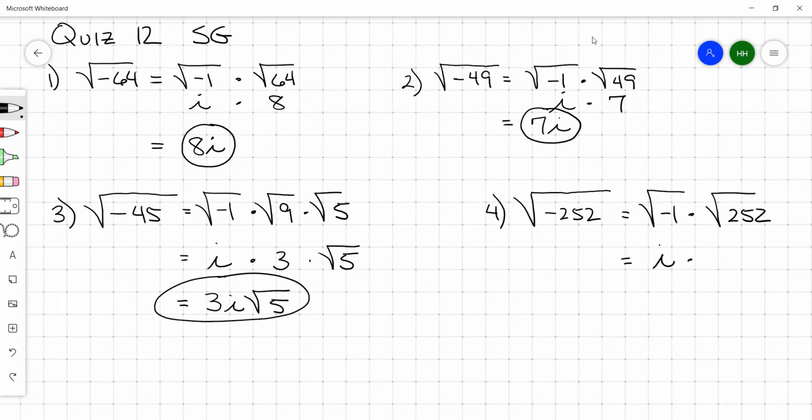Now, the square root of 252, you're trying to find the largest perfect square that goes into it evenly. And 252 divided by 16 doesn't go evenly. 252 divided by 36 goes 7 times. So this 252 becomes the square root of 36 times the square root of 7.